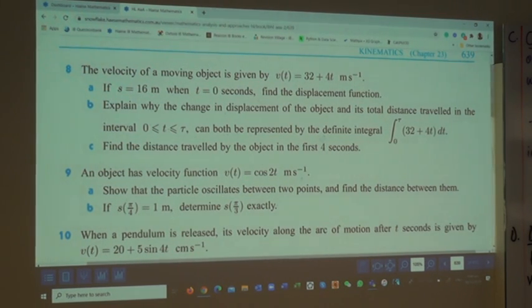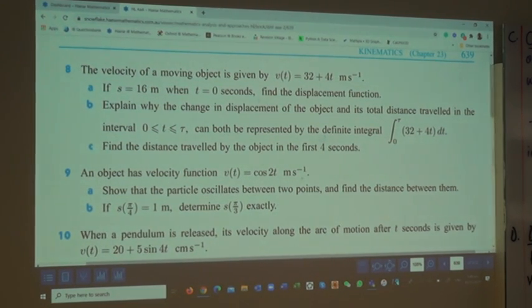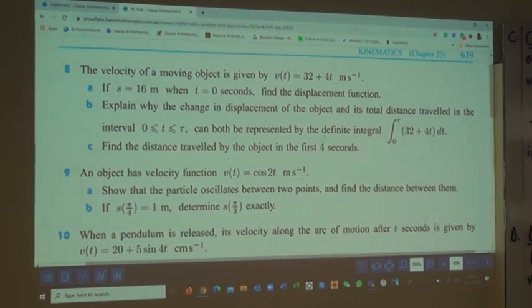Question 8A is what we've done under what topic or subtopic? Particular value. You know what particular value means?